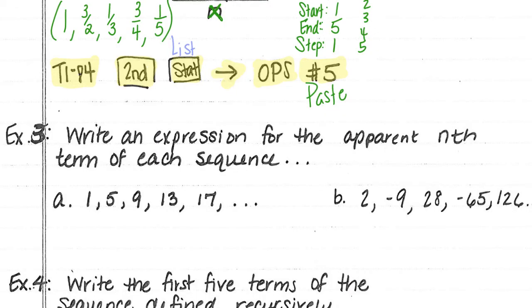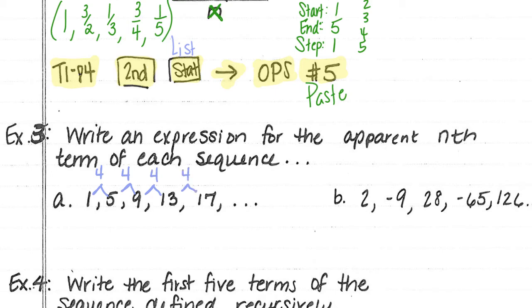All right, for this next part, on example 3, this is where I have some students that really struggle. Hey, what's happening here? How do I write an expression for the apparent nth term? So the first thing I want you to do is look from 1 to 5. It goes up by 4. 5 to 9, 4, 9 to 13, 13 to 17.